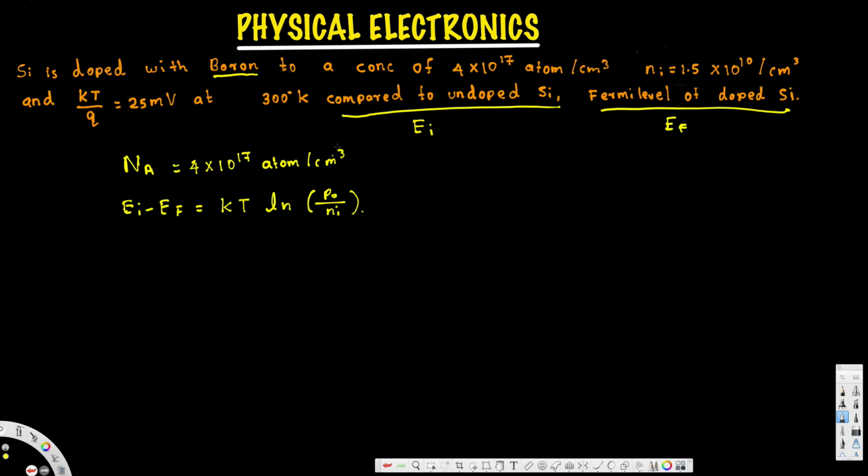Now for kT, we have kT over q, that's 25 millivolts, okay? kT over q is given, equal to 25 millivolts. Now we want to find out what kT is. kT is 25 millivolts times q. q is nothing but the charge, and it doesn't matter whether it's a hole or an electron, the charge value is going to be equal.